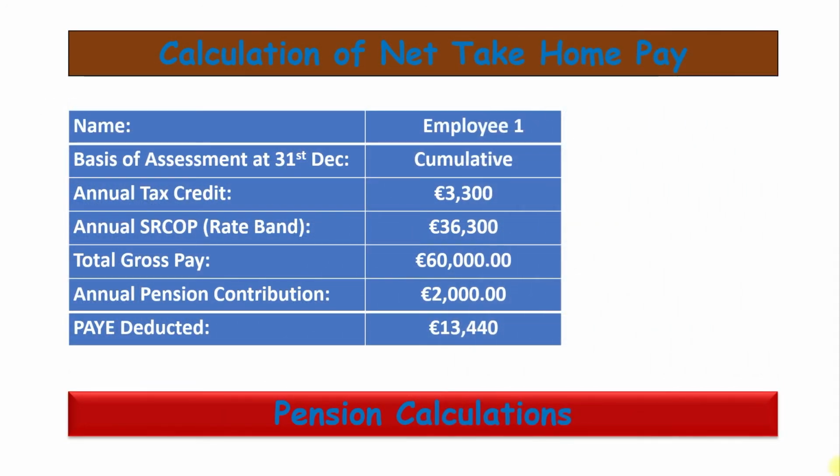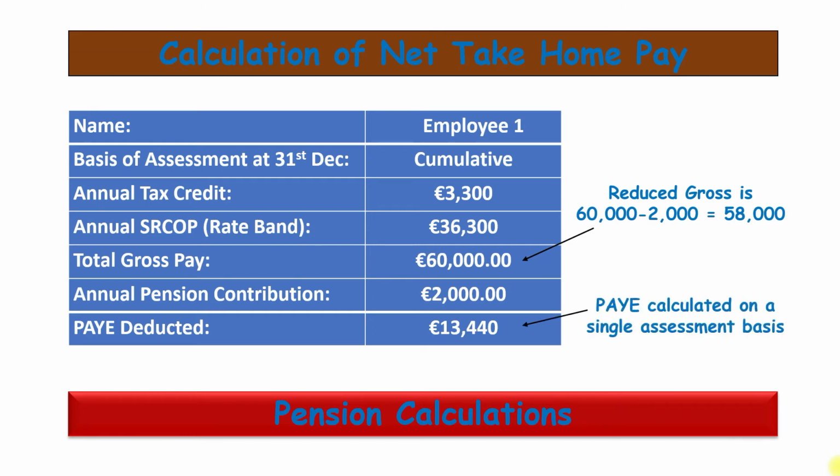In this part of the assessment, you will be given details of two employees in a table format. One employee will have a pension and you will need to calculate PAYE on the reduced gross. The table will also show the yearly cutoff point and tax credit, as well as the PAYE calculated on a single assessment basis.